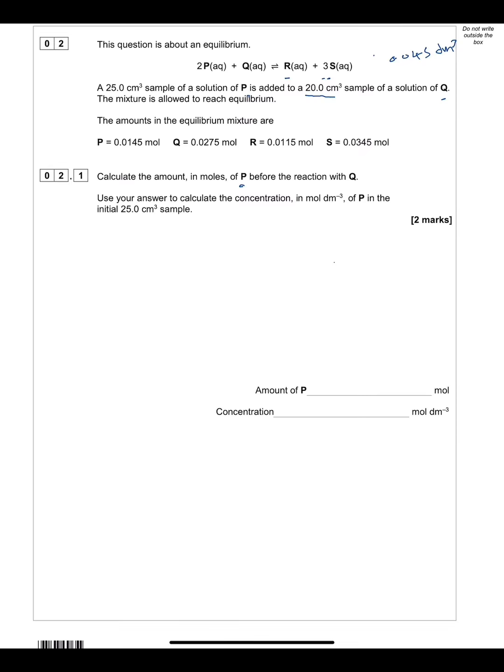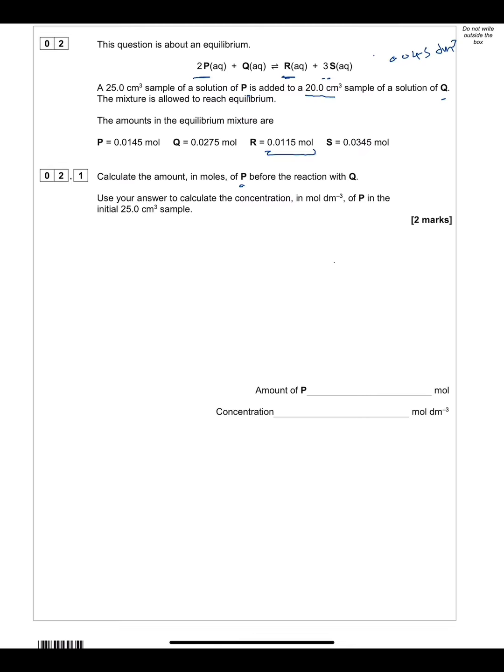When you look at the balanced equation, you're going to find that 2 moles of P will get you 1 mole of R. That means the moles of P reacted will be double the moles of R that were produced.